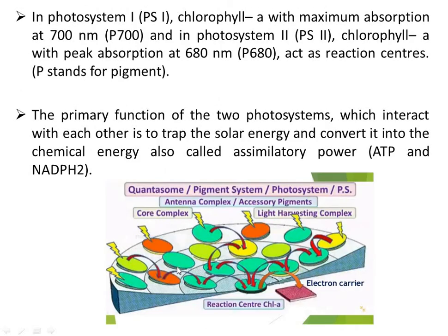In photosystem 1, the chlorophyll A maximum absorption is at 700 nanometer, and in PS2 the chlorophyll A peak absorption is 680 nanometer, acting as the reaction center.